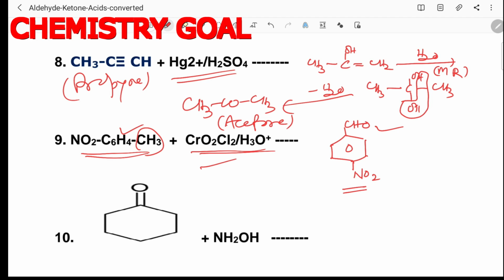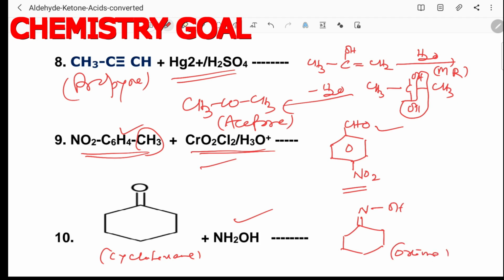Here this is cyclohexanone. When it reacts with hydroxylamine NH2OH, it is a nucleophilic addition reaction. There will be only a change of the double bond. Here this double bond gets converted by addition reaction to C=NOH, that is oxime.